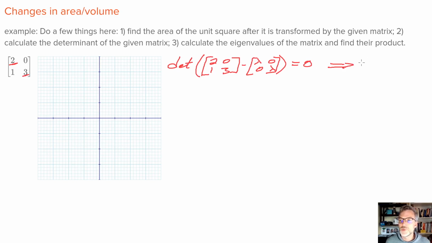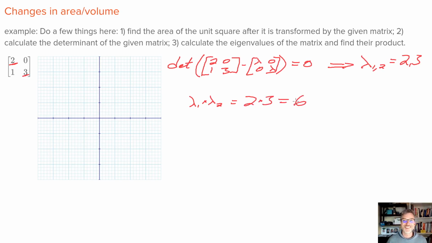If you do that, you will get that the two eigenvalues, lambda 1 and lambda 2, are going to be 2 and 3. But let's just multiply these together. If I take lambda 1 and multiply it by lambda 2, sure enough, that's 2 times 3, which is equal to 6.